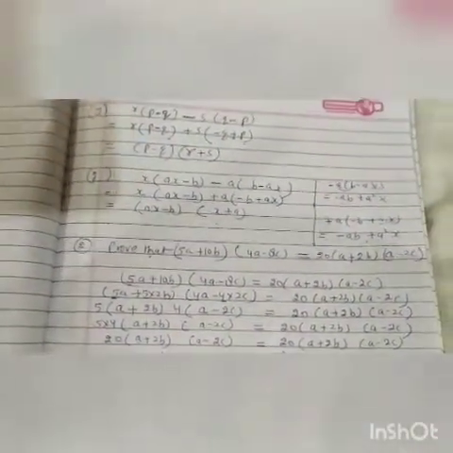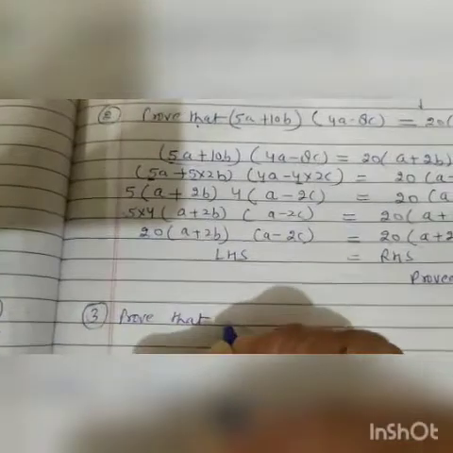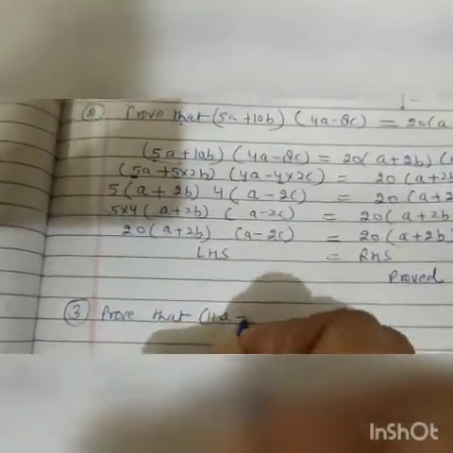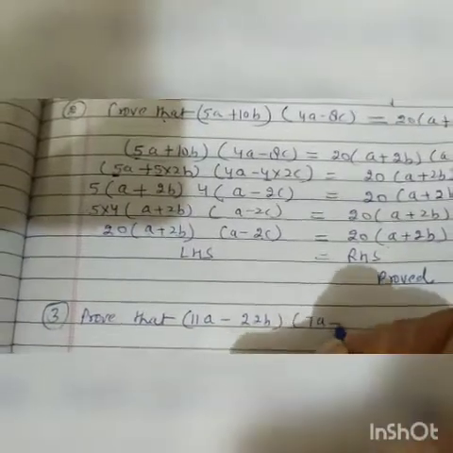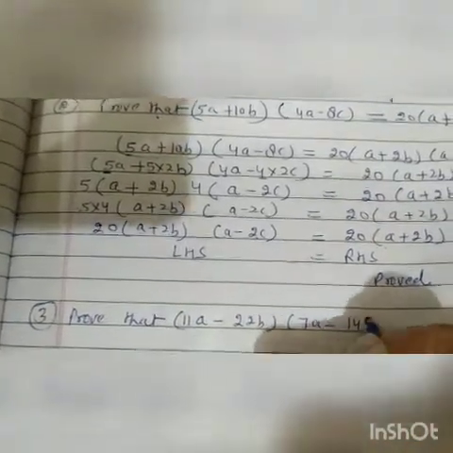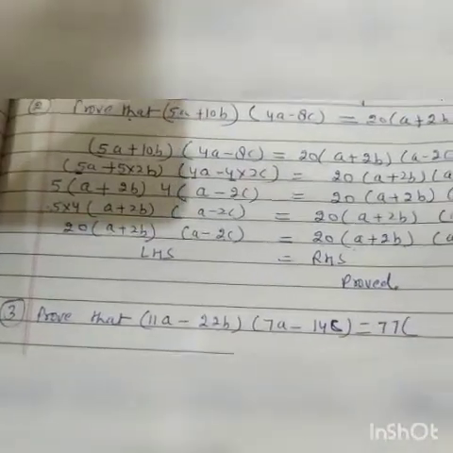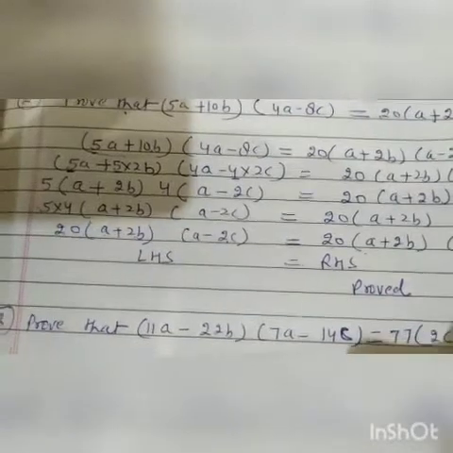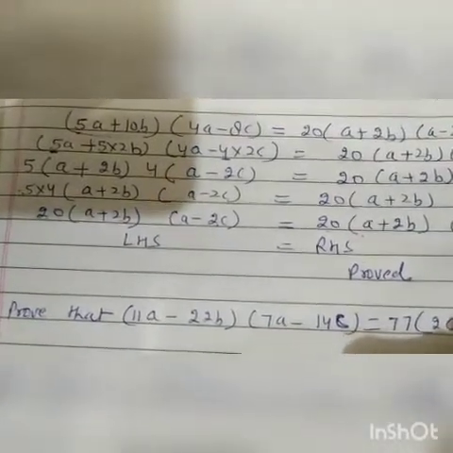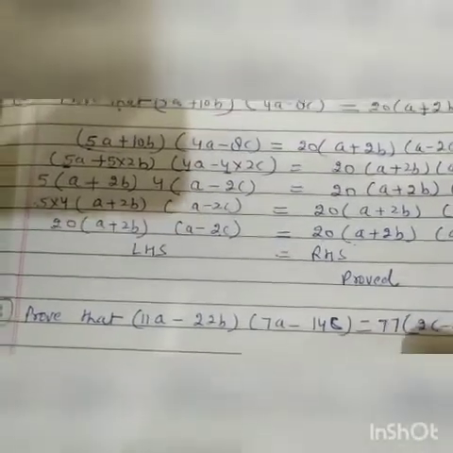Now it's question number 3. Our question number 3 is the same. Prove that (11A minus 22B) (7A minus 14C) is equal to 77 (2C minus A) (2B minus A).